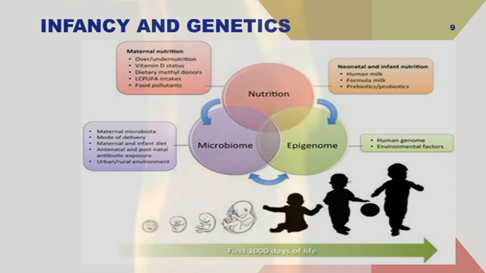So the concept of gene-environment interactions really highlights that intricate interplay between genetic vulnerabilities and environmental influences. So things like prenatal nutrition, parental caregiving, and early stimulation also play a huge role.